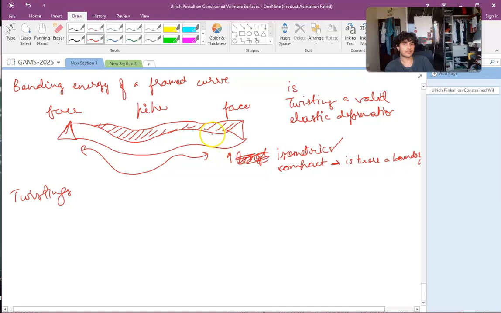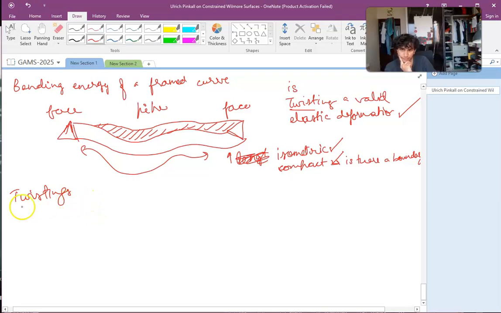So this clearly does not continue until infinity. This is a bounded line in the first place. And our compact support is bounded between the edges of this face. So that is a valid elastic deformation. Hence twisting is, yes, an elastic deformation.